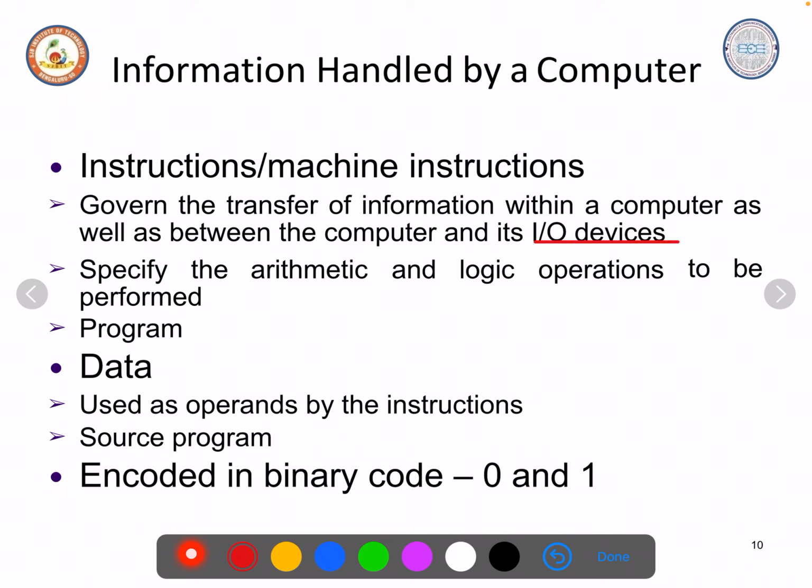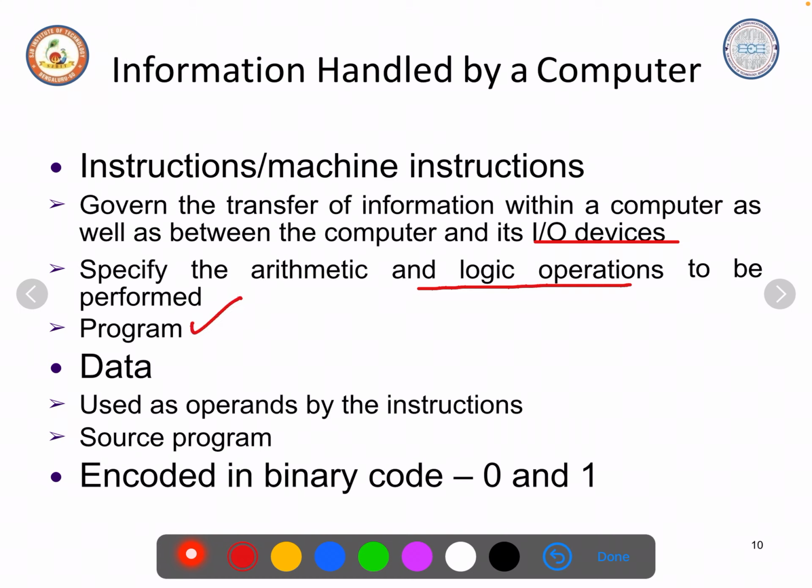It can be within the computer, or from the computer to IO devices. The instructions can be used to specify the arithmetic and logical operations to be performed. And you have a list of instructions that performs a task, which we call a program.